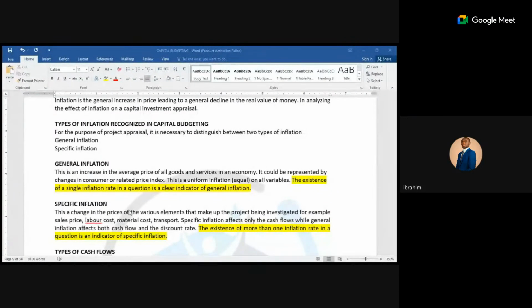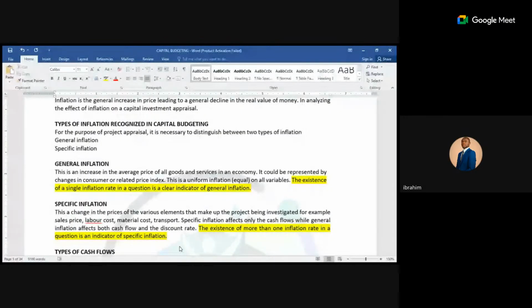The existence of more than one inflation rate in a question is known as specific inflation. Selling price 2%, variable cost 9%, fixed cost 8%, that is specific inflation. But general inflation just gives you one rate for everything.